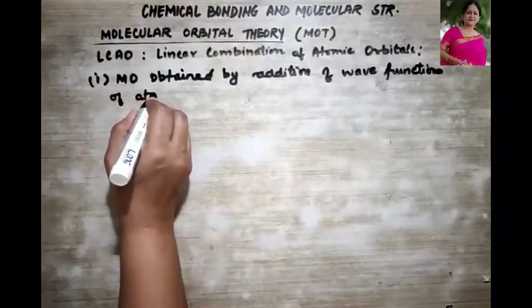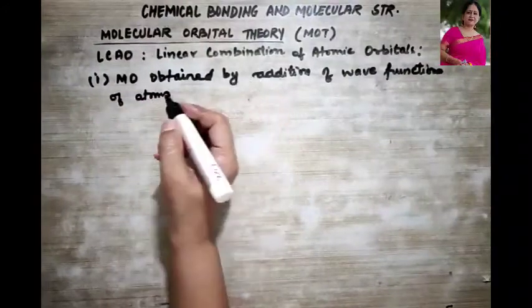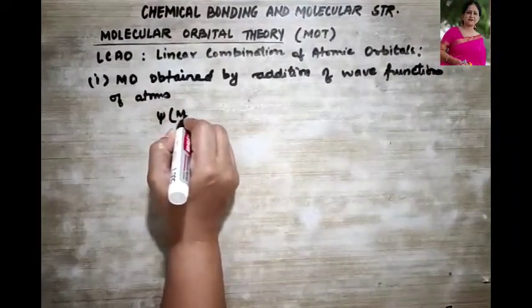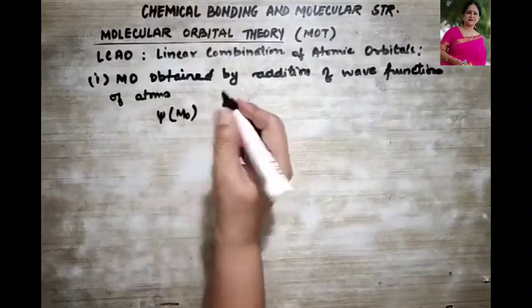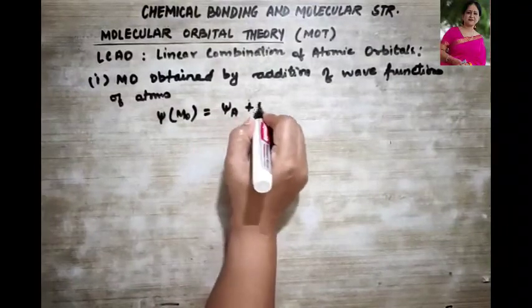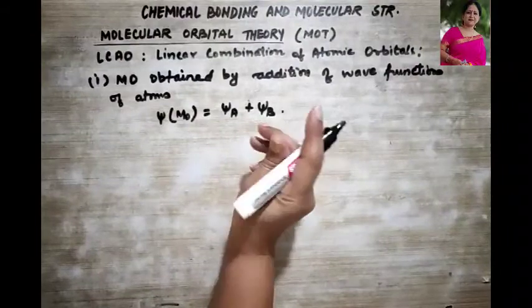Of atoms, right? It could be psi molecular orbital, which is equal to psi A plus psi B, right?